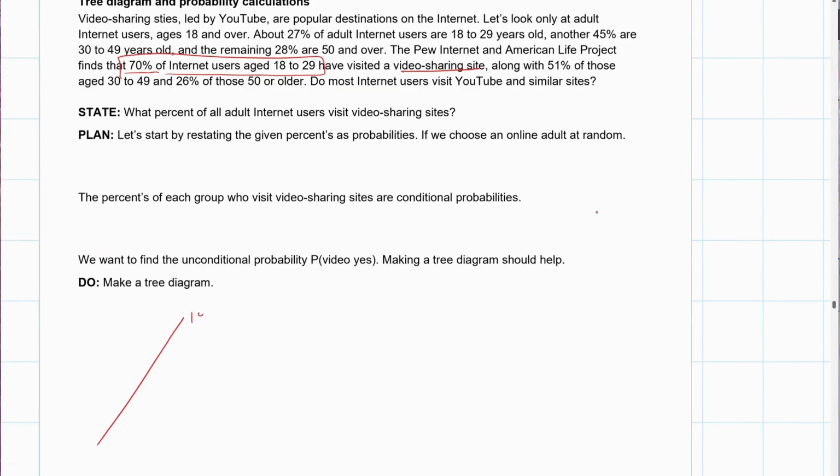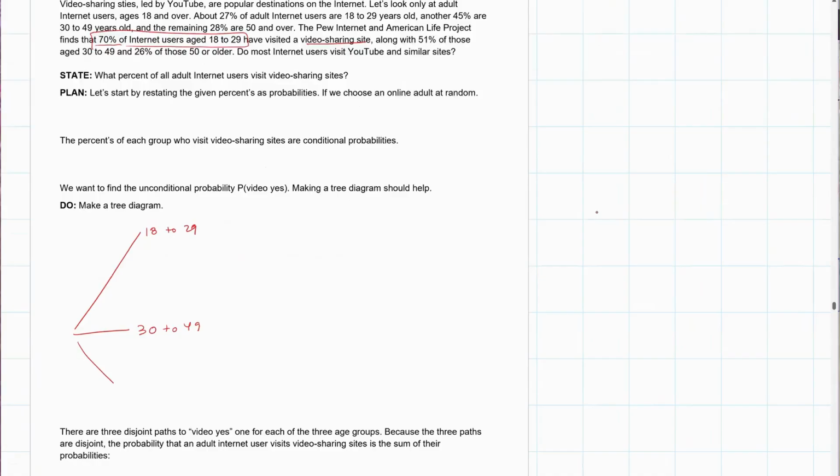First of all, we got our different age groups: 18 to 29, 30 to 49, and 50 plus. And we basically said that this was 27%, this is 45%, and this is 28%.